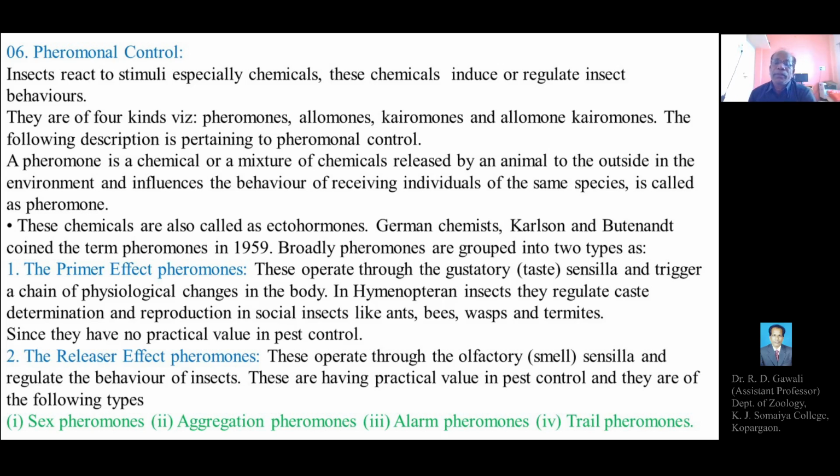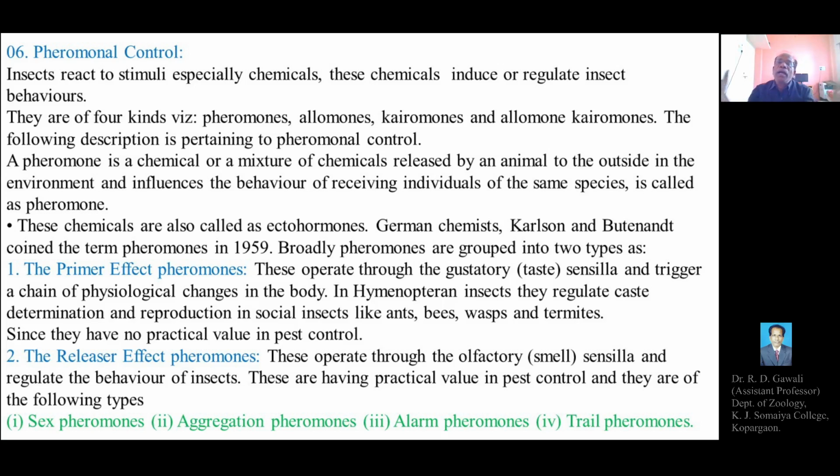So there are four types of the releaser effect pheromones, that is the sex pheromones, aggregation pheromones, alarm pheromones, and the trail pheromones, which we can effectively exploit or use for the control of pests of the same species.